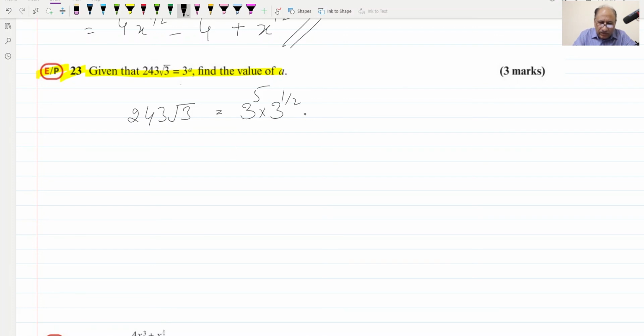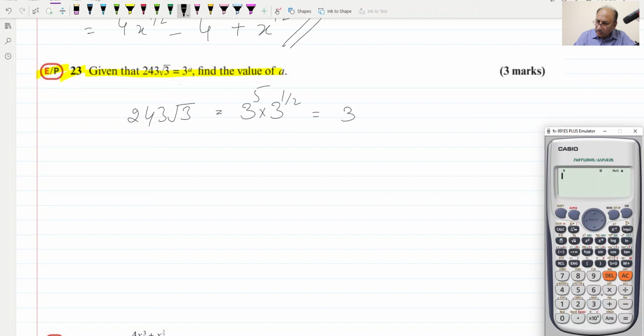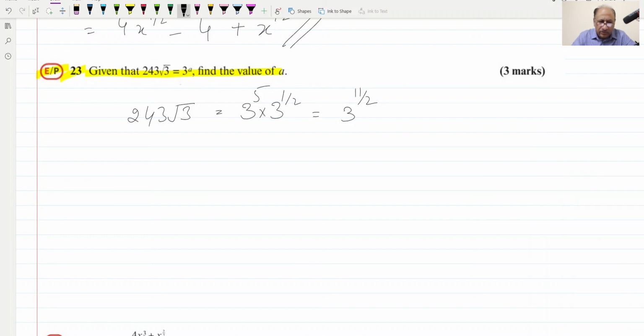Now we can add these powers, because bases are being multiplied, so we can write 5 plus 1 over 2, this will be equal to 11 by 2, or in mixed fraction we can write 5 whole 1 by 2, or 11 by 2 we can write like this.